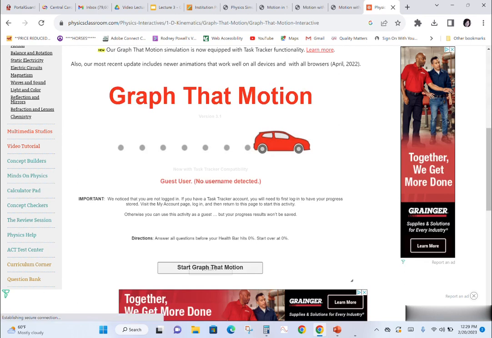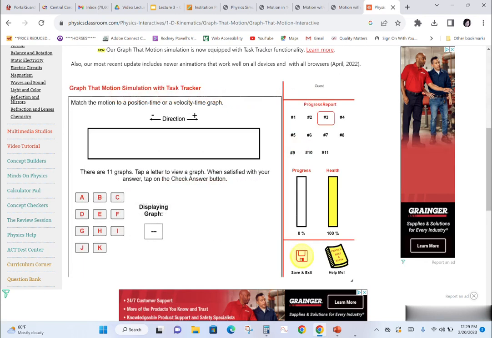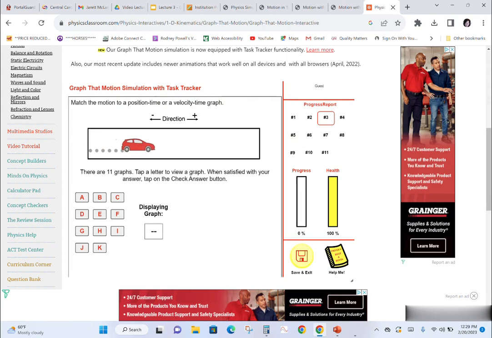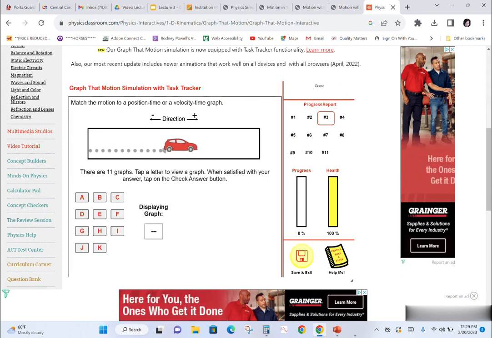So we're just going to do a couple of examples here. And we want to match the motion to a position time graph. So let's first look at this.